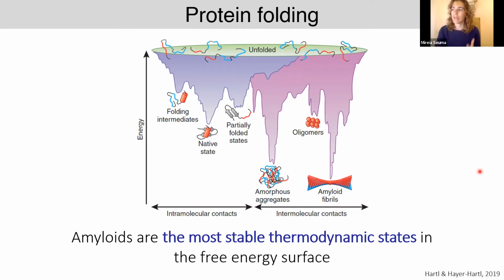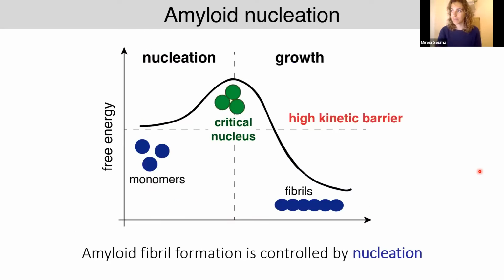But thankfully, this doesn't happen all the time, because the process by which they form is controlled by nucleation. This means that the monomeric subunits need to form a first critical nucleus and assemble, which requires a very high kinetic barrier. Then they can grow and seed further aggregation into amyloid fibrils.